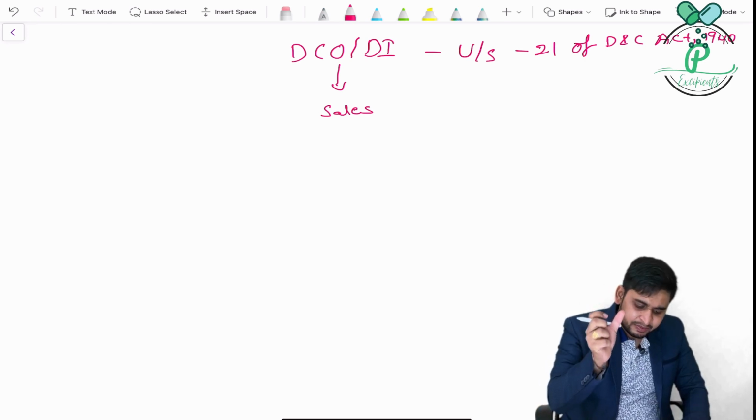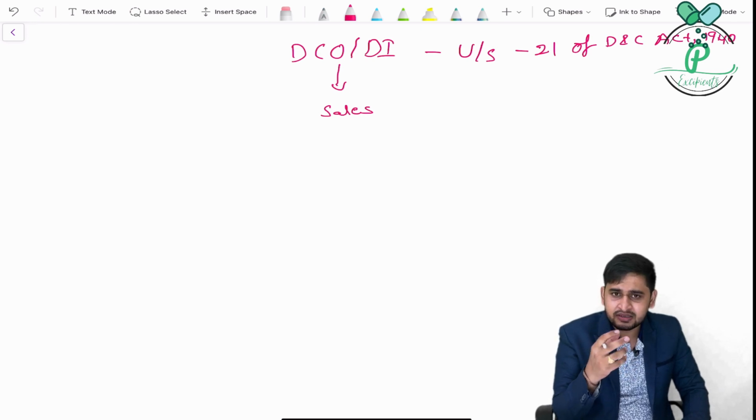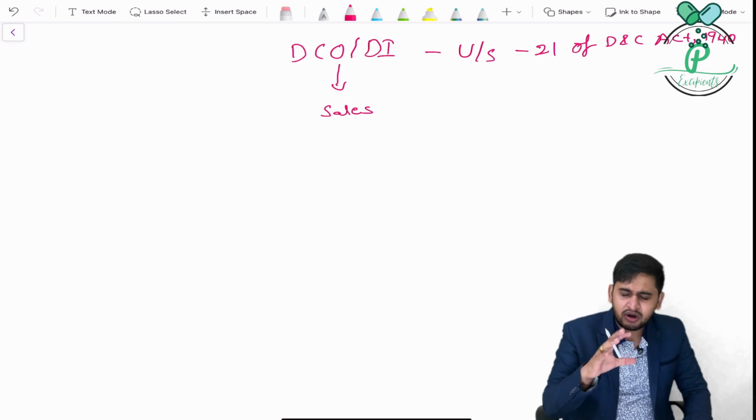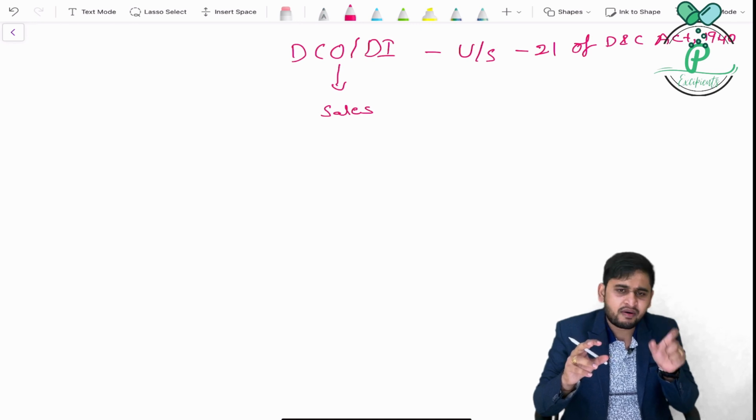So whenever the drugs inspector enters into the sales premises, they may see syrups, right? They may see capsules, all capsules, liquids, and all the ointments.